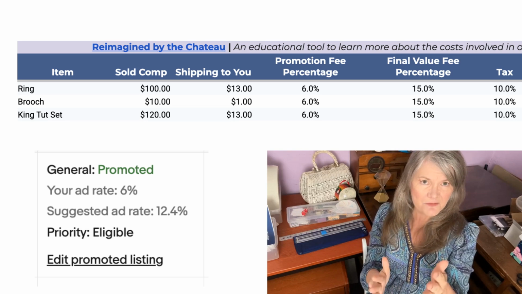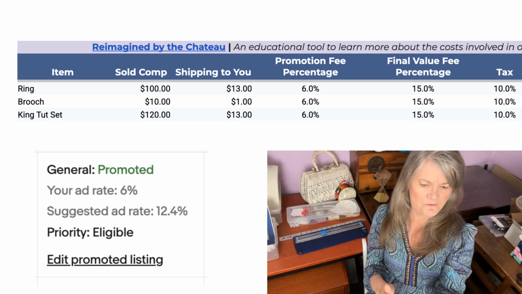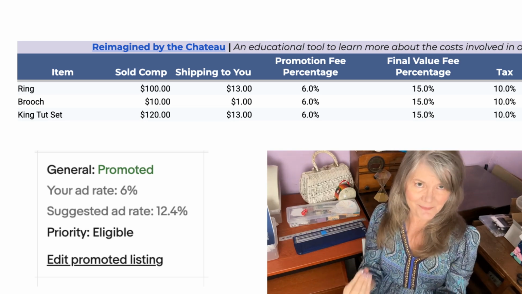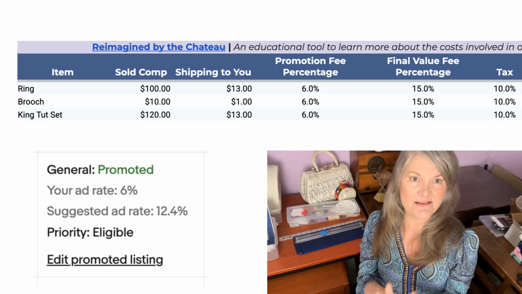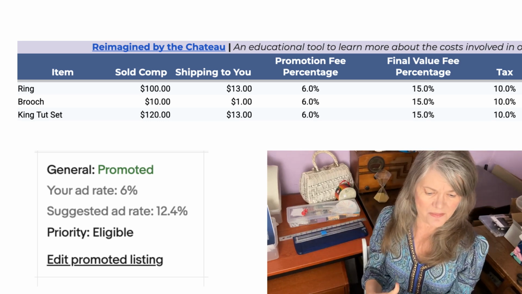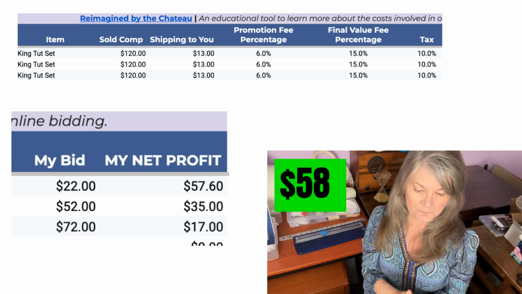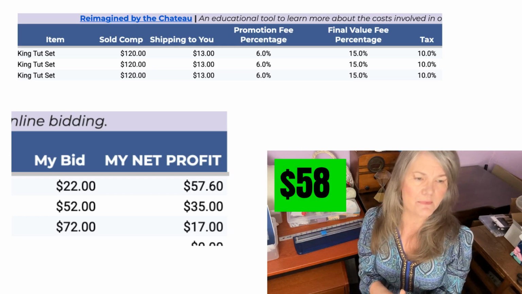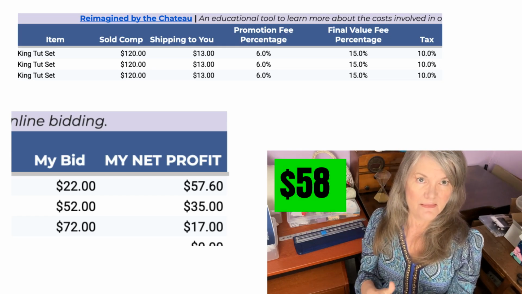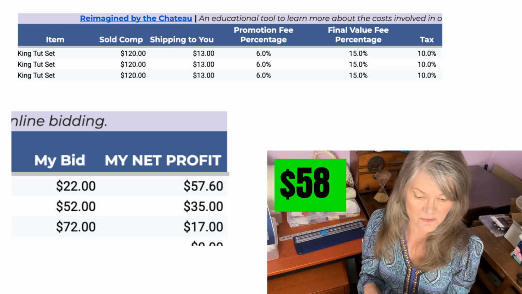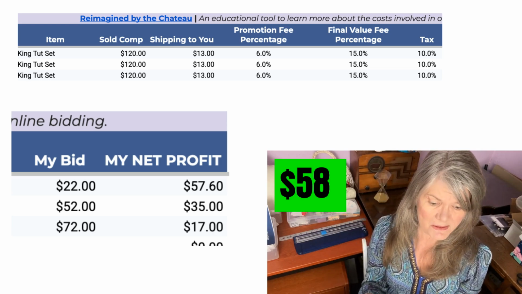Now, after I've filled in these different fields, now comes the fun part. Now I can start playing around with my bid. Let's say for this item, the minimum bid I can make right now is $22.